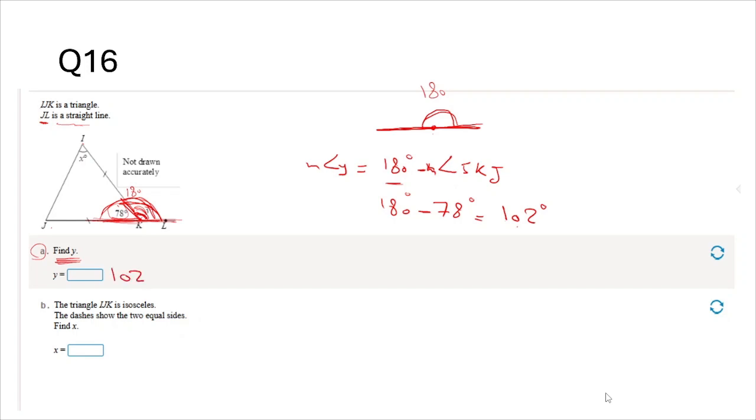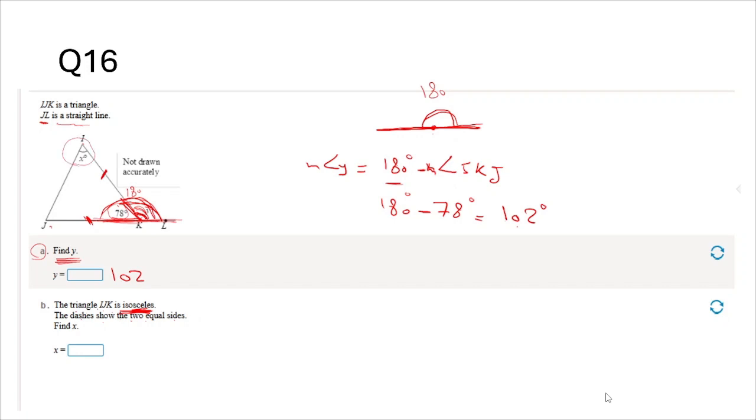Now it's saying the triangle IJK is isosceles. Isosceles means that two sides are equal, and the dashes show the two equal sides, so this side is equal to this side. Find x.